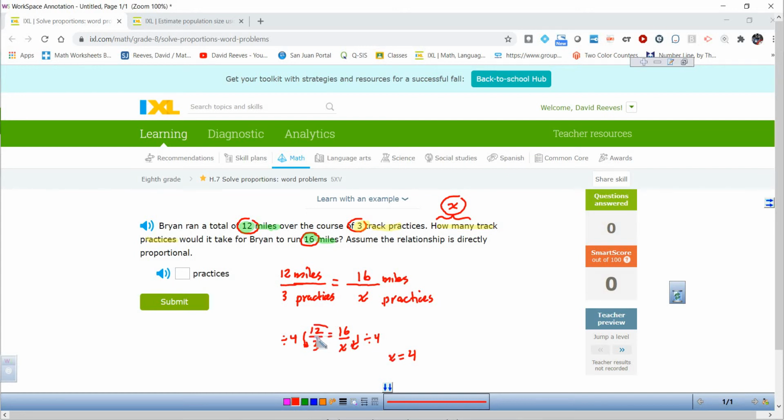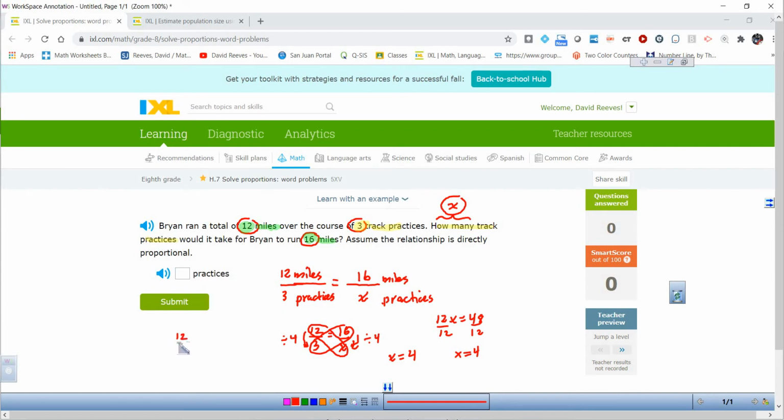Again, we could have cross multiplied, right? We could have said 12x is equal to 48, and then we could have divided by 12 and said that x is equal to 4, right? We could have simplified.